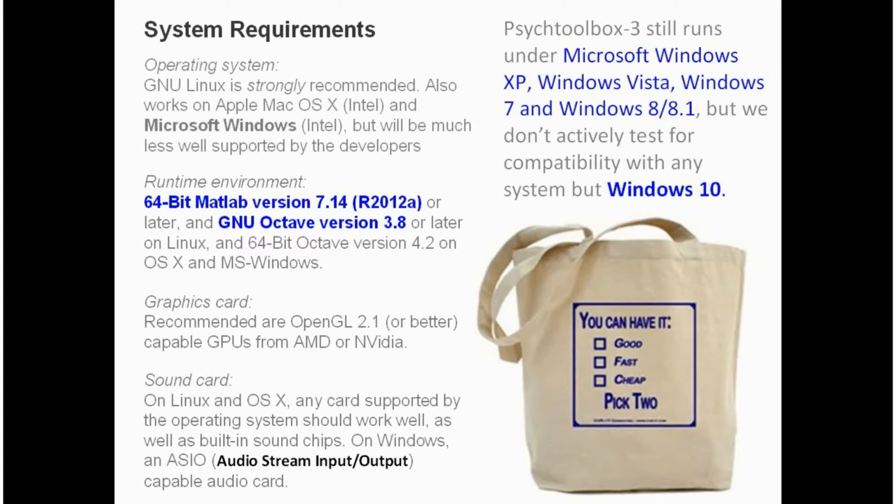It is quite flexible, but not all of the functions do their best on old versions of Windows and old versions of MATLAB. What is recommended is that your MATLAB is not older than version 7 and GNU Octave is at least version 3.8.